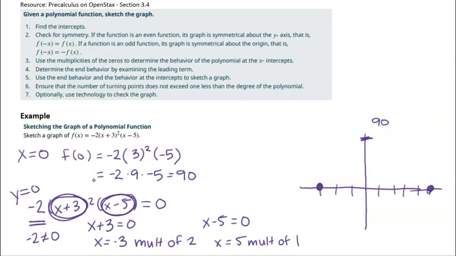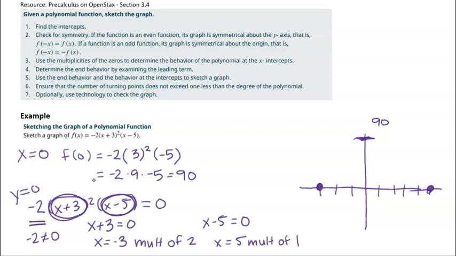Now, the next thing we would want to do is check for symmetry. Since my zeros are not at the same x value plus or minus, I'm not going to have an even function. And I don't really think I'm going to have perfect symmetry between the first and second quadrant because I don't go through the origin. So I don't really think I'm going to have any symmetry here.